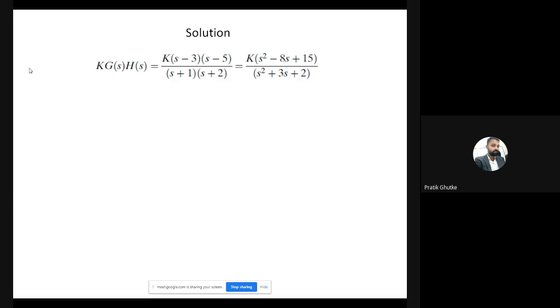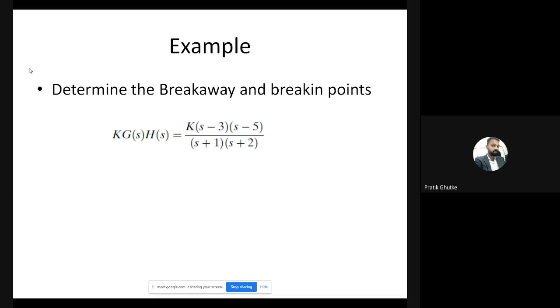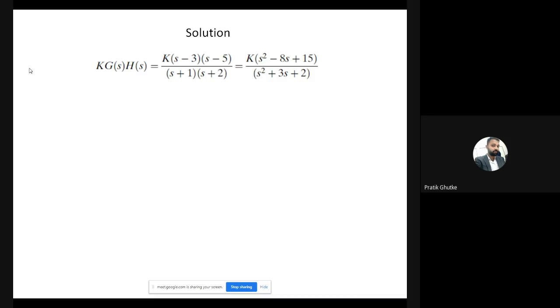So how do we calculate the breakaway point or break-in point when a zero exists in the system? You have to take the derivative using the u by v rule.